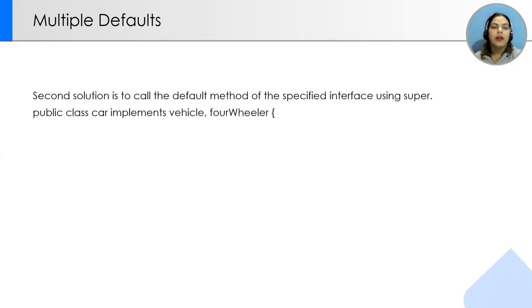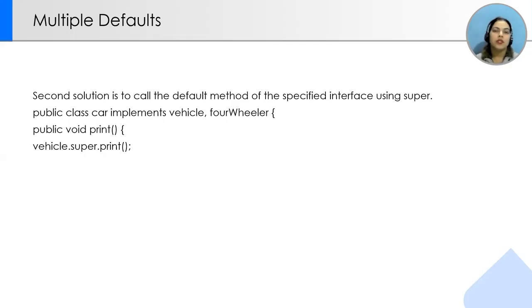But the doubt can arise whether the vehicle's definition will be considered or the four-wheeler's definition will be considered. In that case, what we can do is use the name of the method, that is void print, and then we can use the super keyword. How can we use the super keyword? We mention the name of the interface. We can do this with a class also, but here we are using the super keyword with interfaces, so we should take the name of the interface.